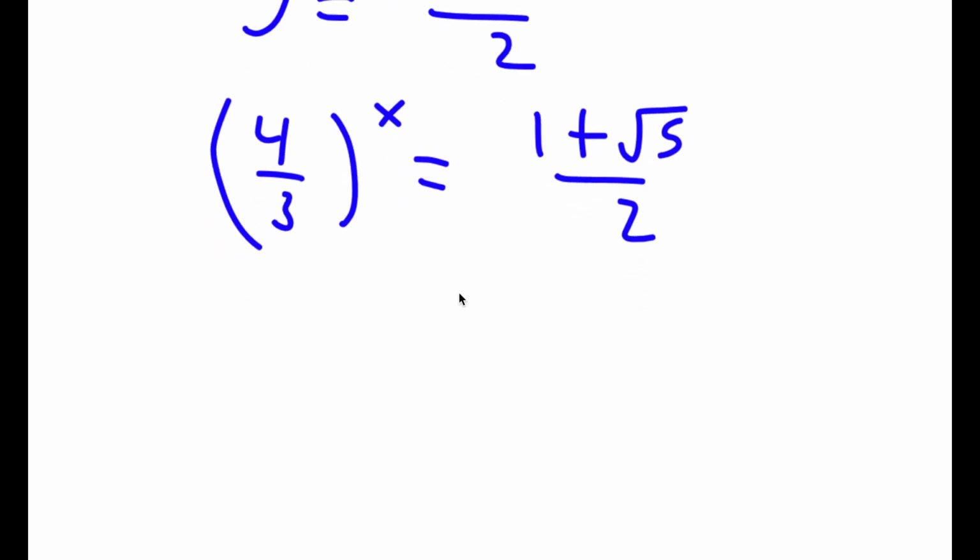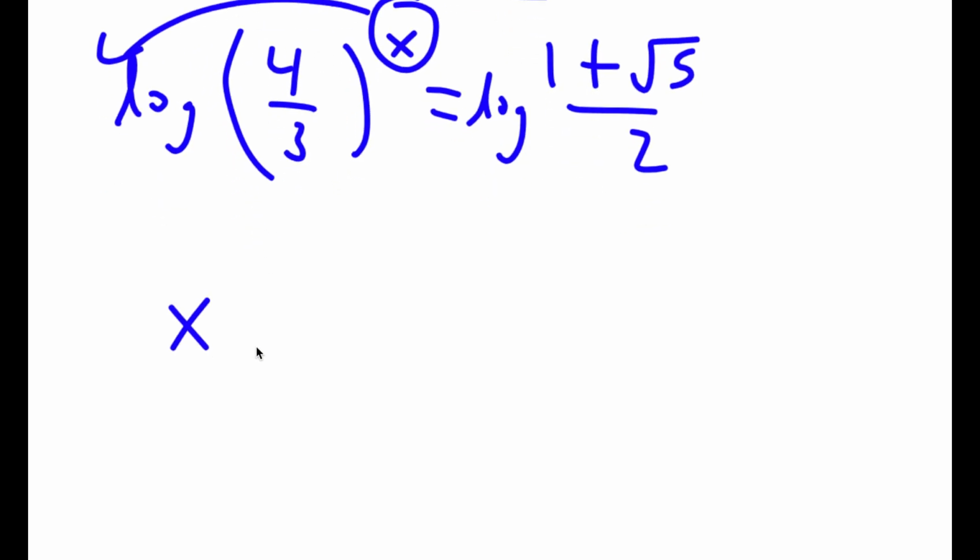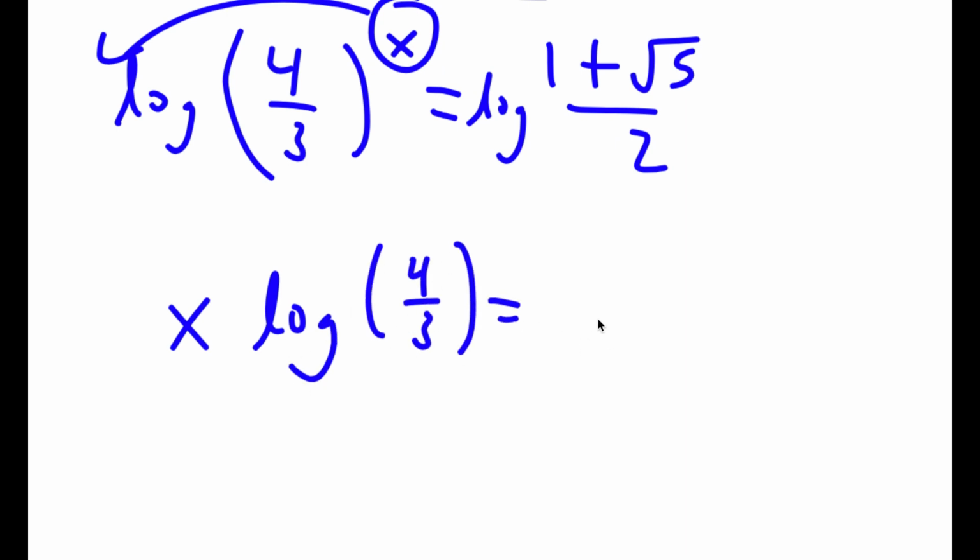So now to solve this, I'm going to take the log on both sides. So I have log of (4 over 3) to the power of x is equal to log of (1 plus square root of 5) over 2, and now I can actually move this x to the front. So now I have x times log of 4 over 3 is equal to log of (1 plus the square root of 5) over 2.